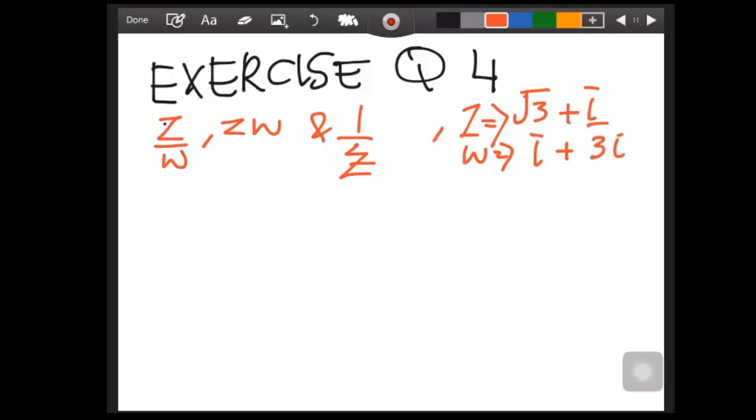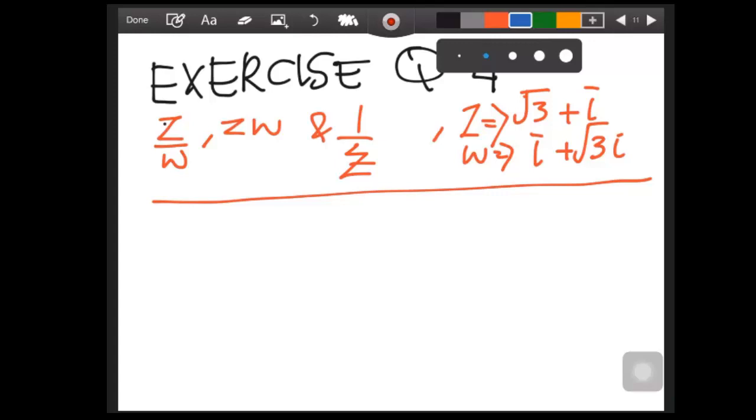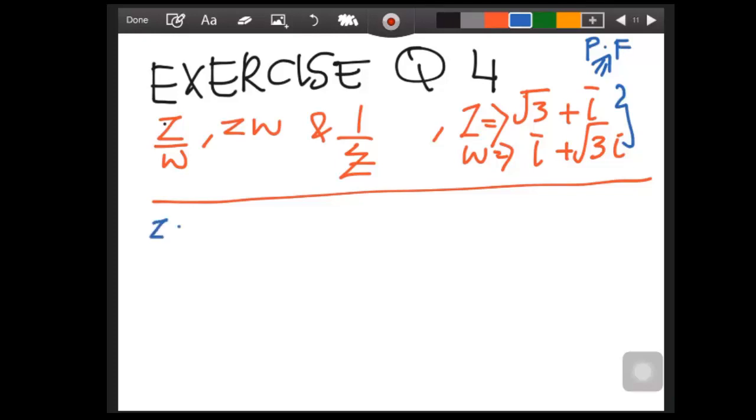Okay. So kita buat apa yang dulu? So kita akan tukarkan dulu Z dengan W kepada bentuk polar form dulu. Okay. So ini tukar dalam bentuk polar form. Okay. So we have Z sama dengan ni root 3 plus i.